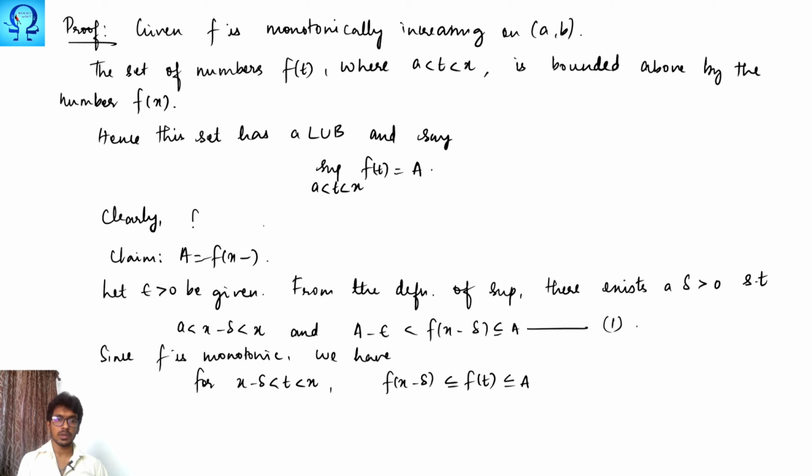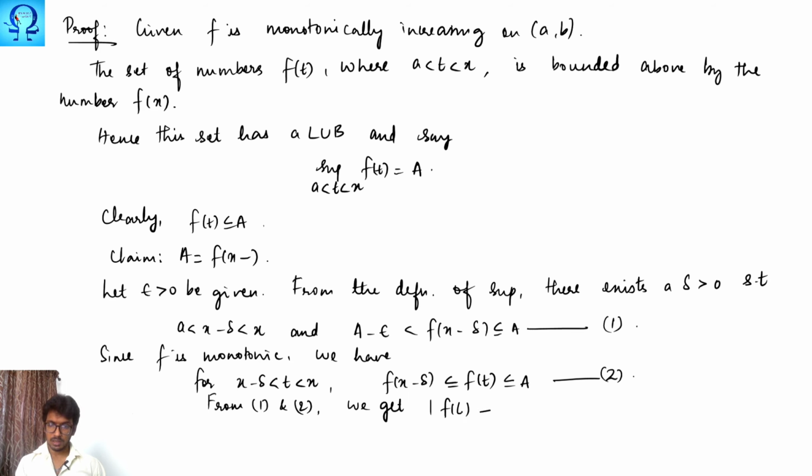We shall write this way: f of t is smaller than or equal to a. So this is what we actually have. Let us mark this as equation 2. Combining these two things, from 1 and 2, we get the absolute value of f of x minus f of t.